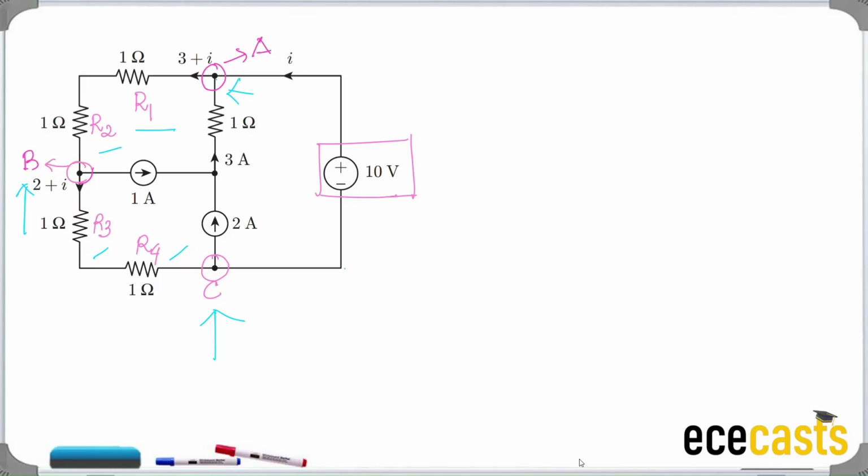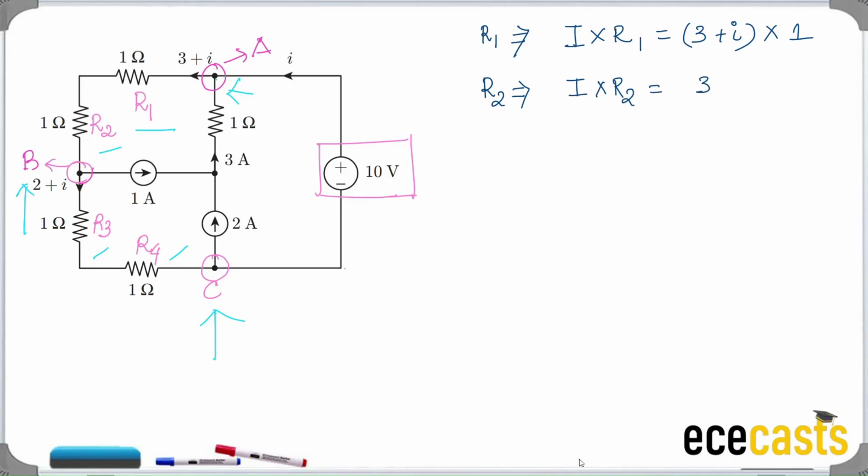The voltage drop across R1 is equal to current flowing through R1 into the value of resistor. So that is equal to 3 plus I into 1. Similarly, voltage drop across R2 is equal to current into R2, which is again 3 plus I into 1. Now we move on to R3.